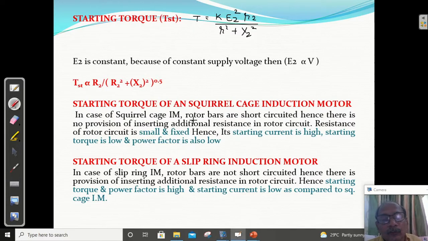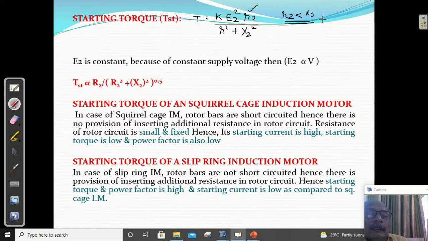And in case of squirrel cage induction motor, you can't insert additional resistance in the rotor circuit, because the rotor winding is directly shorted. If you can't control it, you can't insert, so R2 will be constant. If E2 is constant, what will the torque be? You can't change the torque. Clear? In general, R2 is very less compared to X2, always very less.